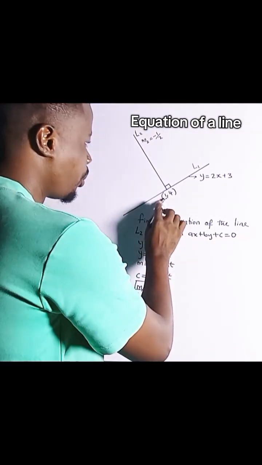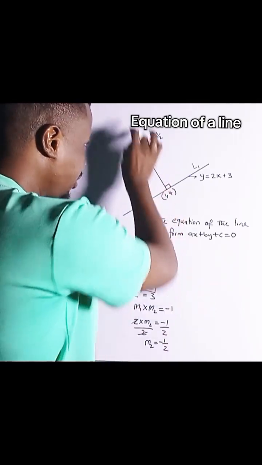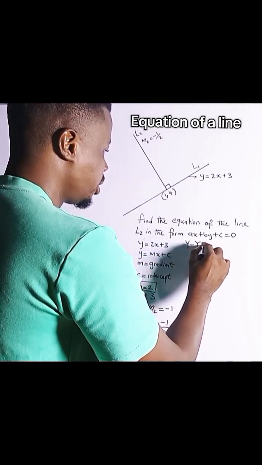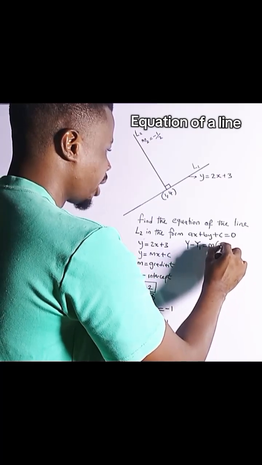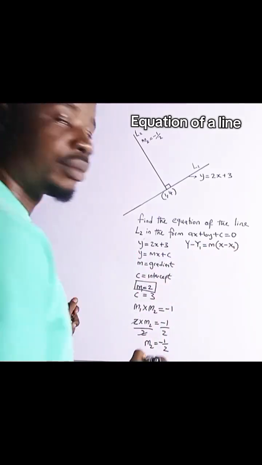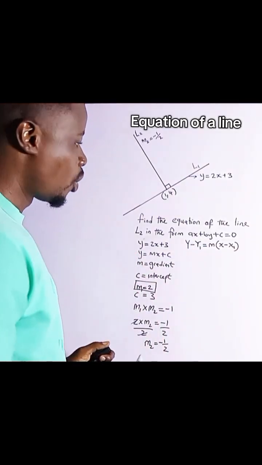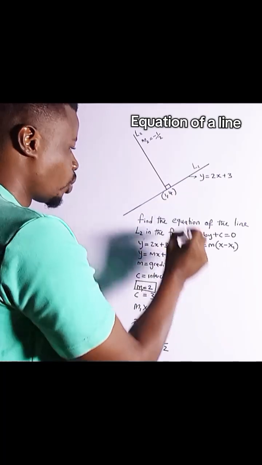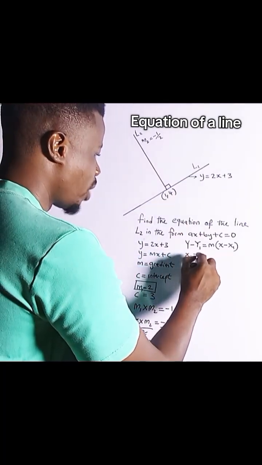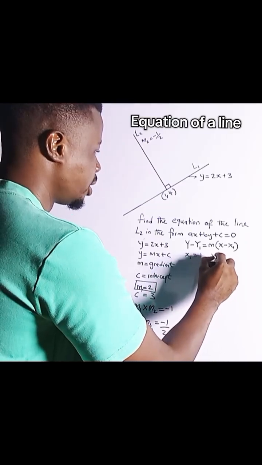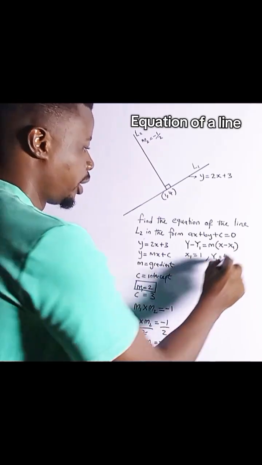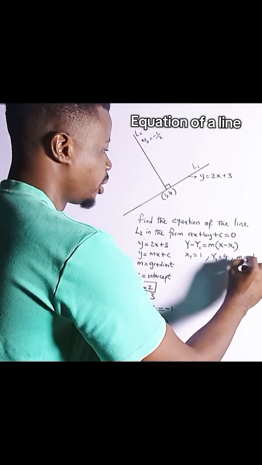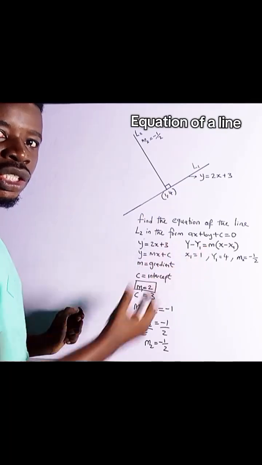It says that if you have a point and a gradient, the equation of the line can be given by y minus y1 equals m times (x minus x1). What is your x1 and your y1? The point here. So your x1 is equal to 1, and your y1 is equal to 4. And your gradient m is equal to -1/2.